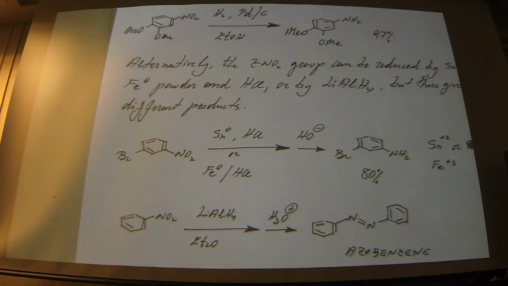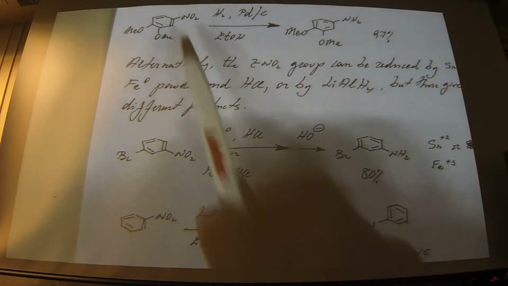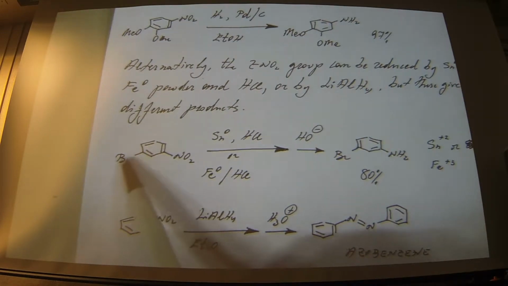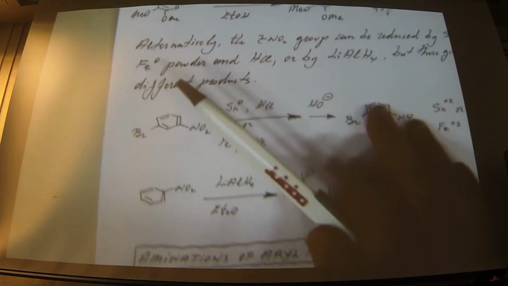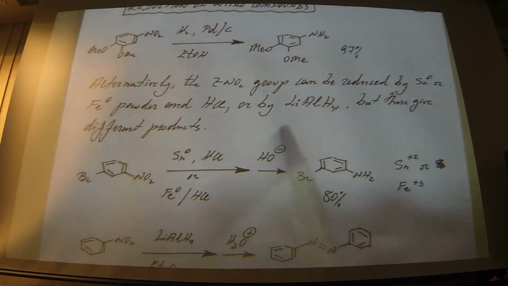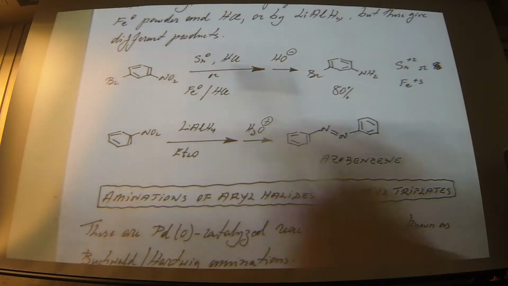You can say, well, if we can do it catalytically, who cares whether you can go with tin and iron? The reason you do care is because it gives you control. In one case, you can stop before this undergoes reduction. In the other case, you have ways of reducing the nitro to the amine without having to use strong acids. So that's why it's useful to have multiple ways to take a nitro to an amine.